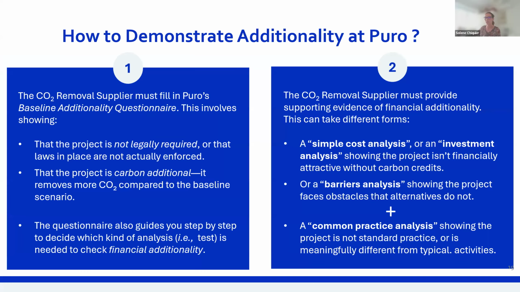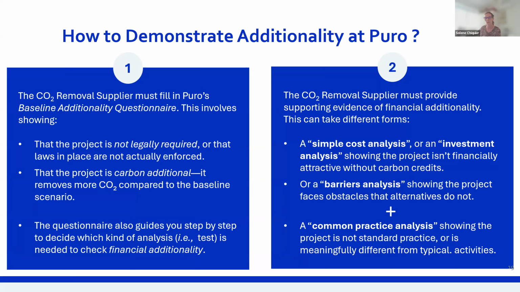So how does it work in practice? How do you really demonstrate additionality? As a supplier, what you have to do is fill out what we call our baseline additionality questionnaire. In that questionnaire, you will first describe how your project is not legally required, as Reagan was mentioning earlier. You will also briefly explain the outcome of your LCA.